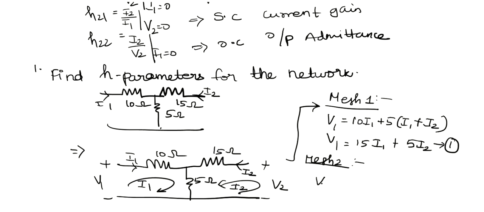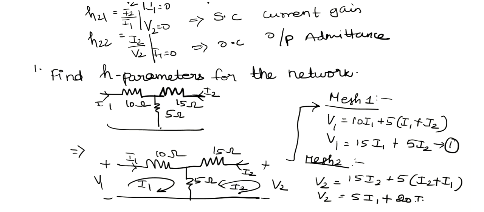Definitely the active element is V2, equal to 15 I2 plus 5, which is present between I2 and I1, and in opposite direction it is plus. So finally we are getting V2 equal to 5 I1 plus 20 I2. This is your equation number 2. Clear? Okay.